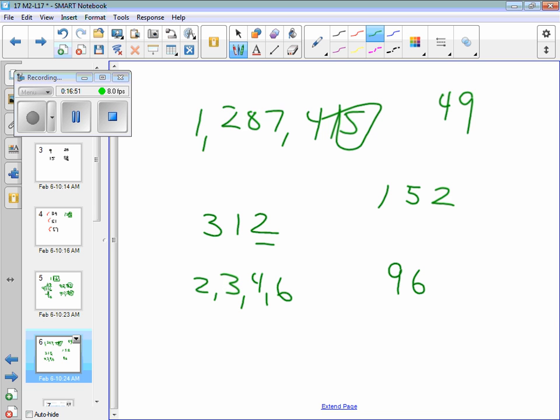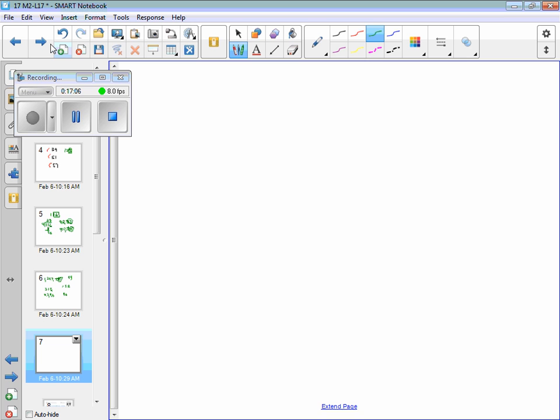Okay? The rule for 9. You add all the digits again, like you did with 3, and if 9 can go into it, it's divisible by 9. All right, let me show it to you.